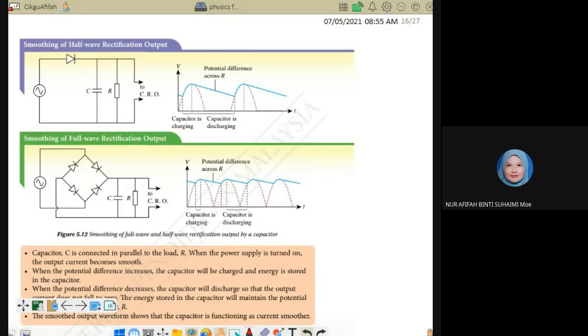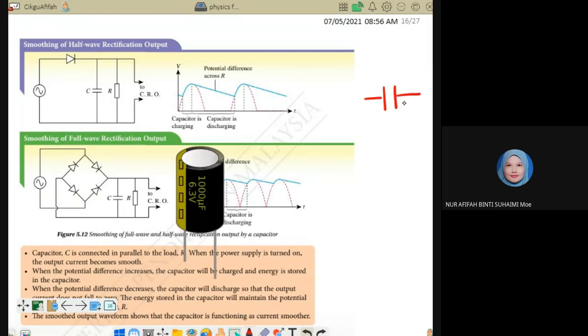So, nampak lah tadi. Dia lambat sikit respon ni. Okay. So capacitor dia punya simbol sama, jangan buat satu panjang satu pendek. Satu panjang satu pendek tu adalah bateri. So kalau capacitor mesti sama, kaki dia sama.